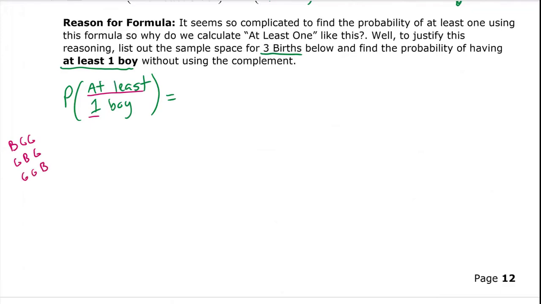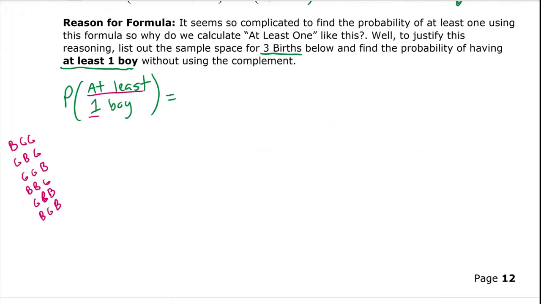And that's all the ways that exactly one boy can happen. But at least one means one or more. Well, you could also have boys happen first and second, 2 boys. Or you could have boy, girl, boy. And you can list out all the different possibilities this way. Now, it won't be too bad for 3 births because you only have 8 different possibilities total.